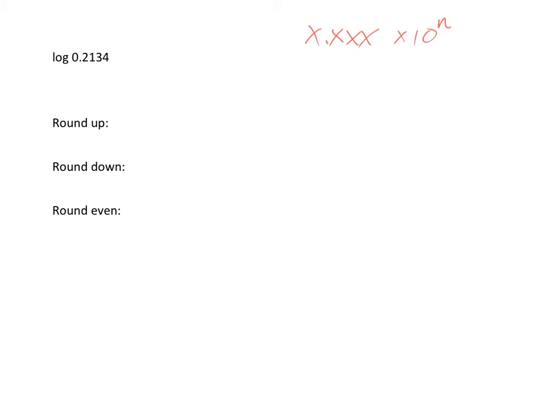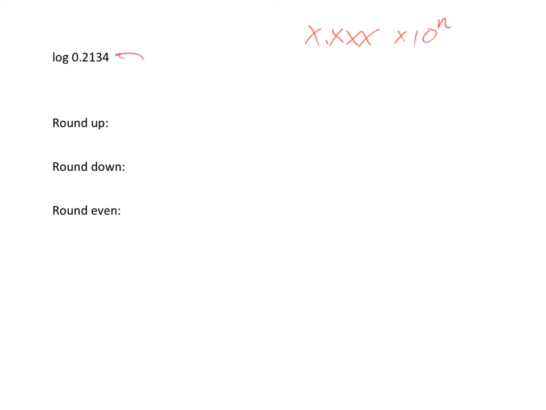So a logarithmic scale means that each time you go up by a digit, you're increasing by a specific factor. With just regular log, it's called base 10, meaning that every time you go up by a number, you're going up by a factor of 10. So there are two components of a logarithmic answer.